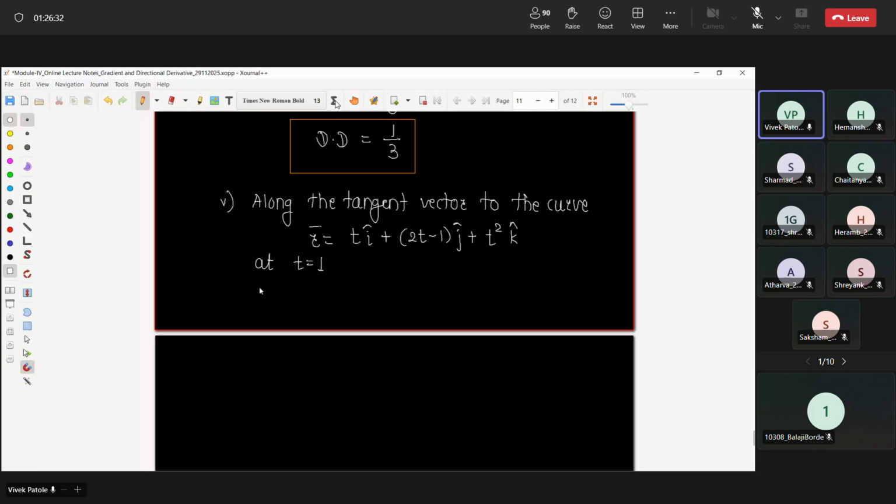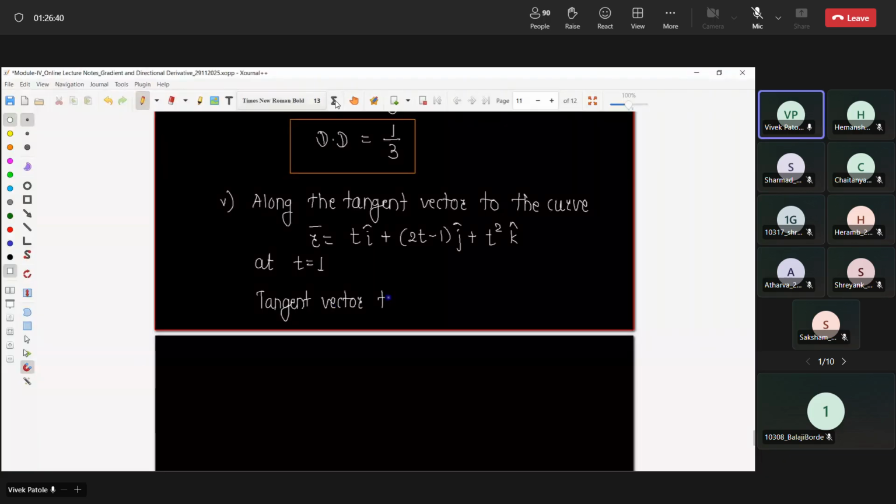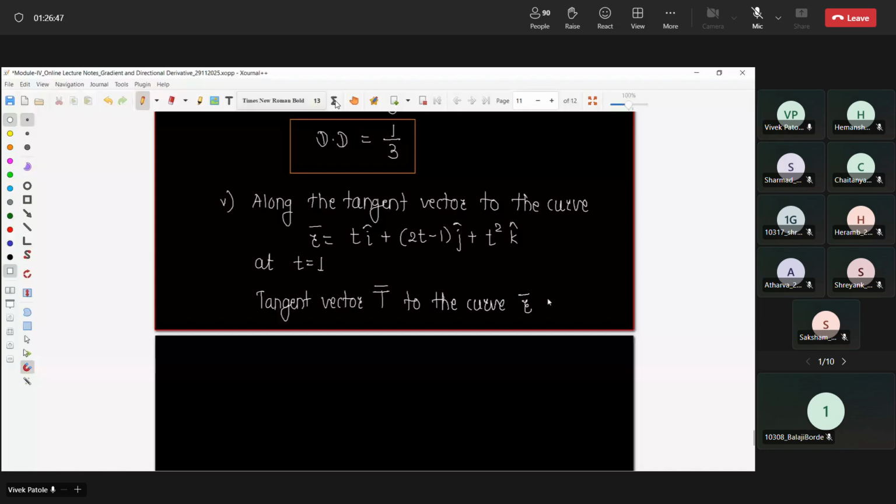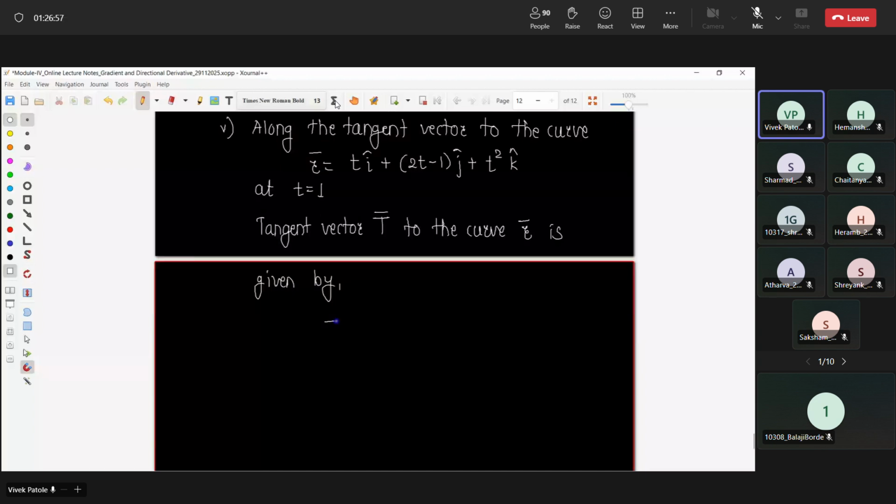So tangent vector t bar to the curve r bar is given by t bar is equal to d r bar upon dt, which is equal to i cap plus 2j cap plus 2t k cap.